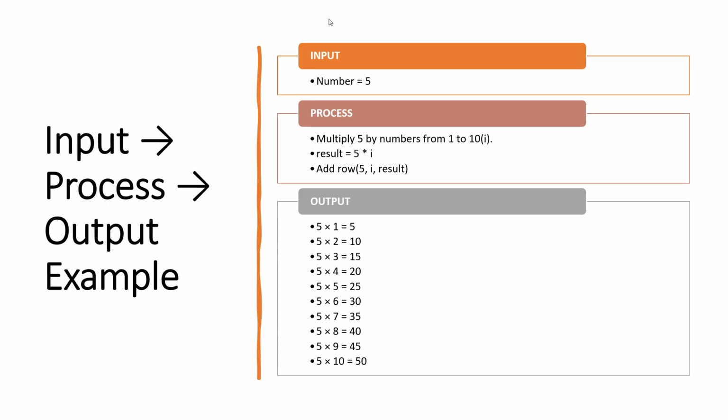So the output will be 5 times 1 is 5, 5 times 2 is 10, 5 times 3 is 15. And this continues up to 5 times 10 is 50. So once again we can see the same pattern. Input, process, output. Input is 5. The process is multiplication from 1 to 10 and output is the multiplication table of 5.